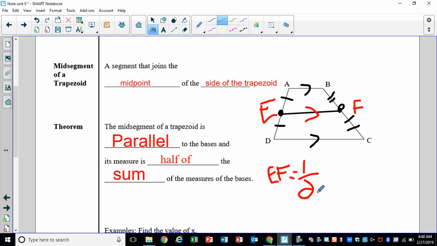So 1/2 times B1 plus B2. Which one is base 1? This can be your base 1. It doesn't matter, but if you label this as base 2, it doesn't really make sense. That's base 1. And this is going to be your base 2. So when you add these divided by 2, you get the measure of the mid-segment, which is EF.